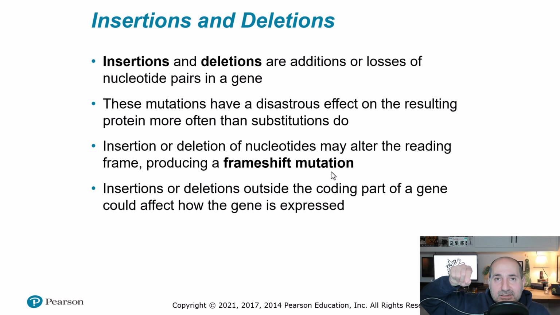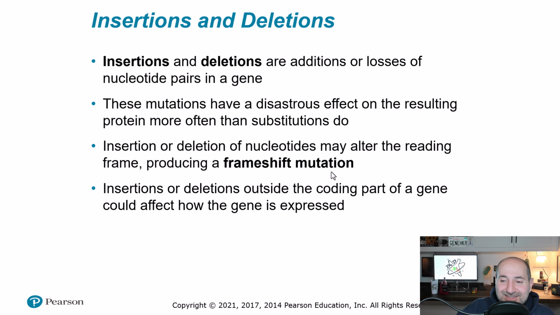If you were to add a letter, you're going to shift the reading frame over. And so everything from the insertion or the deletion onwards is going to be out of frame. So every single codon is going to be wrong.